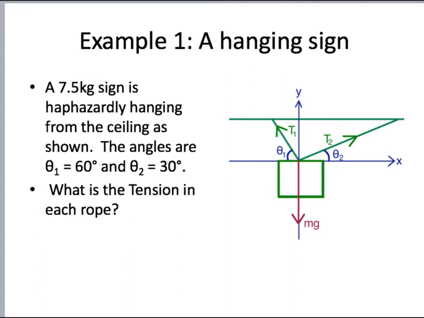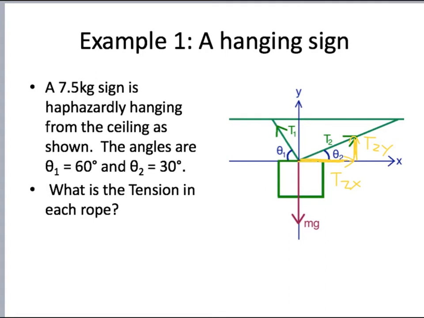So I want to break these guys up. So this T2, for example, I can break it up into an x component, and that would be called T2x, and I can break it up into a y component, and I would call that T2y. Now notice both the vectors T2x and T2y, these are the x and y components of T2, they're both pointing in positive directions.